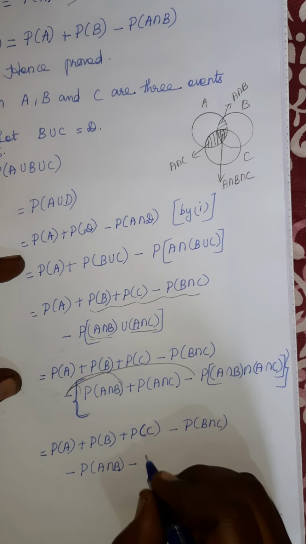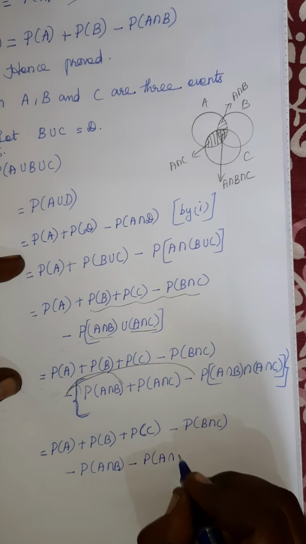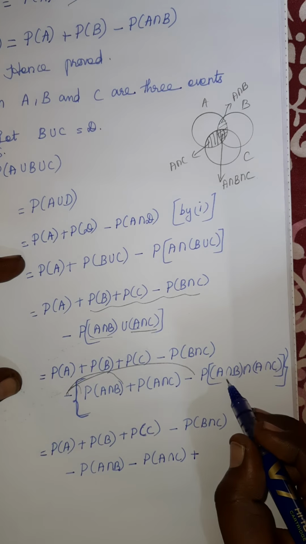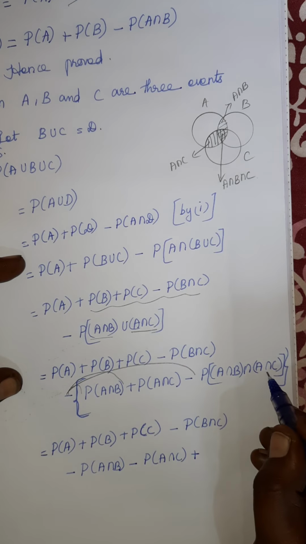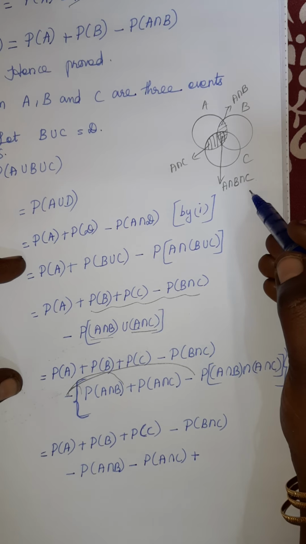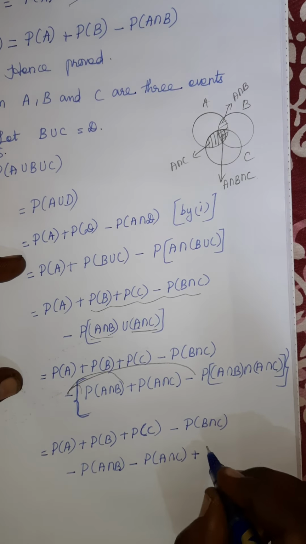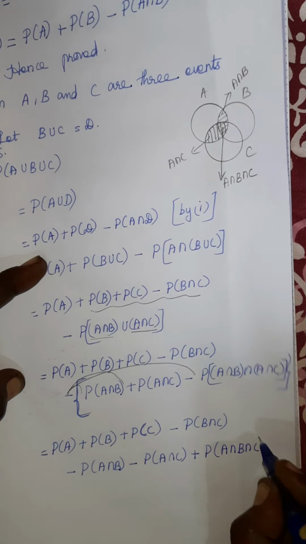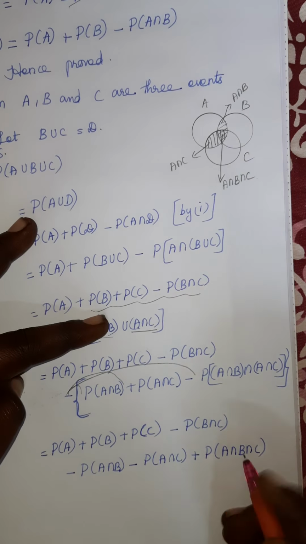So minus P of A intersection C, then minus into minus is plus. I said this A intersection B intersection A intersection C is A intersection B intersection C. So we can write probability of A intersection B intersection C. Here you can write by Venn diagram.